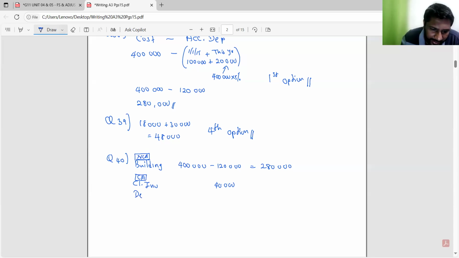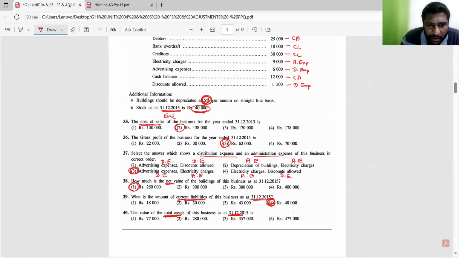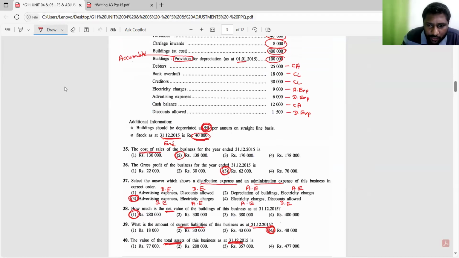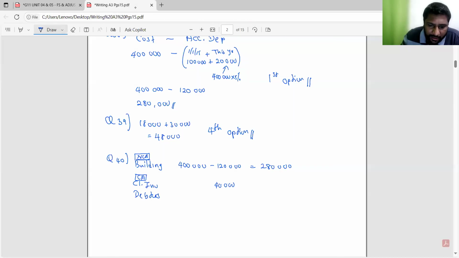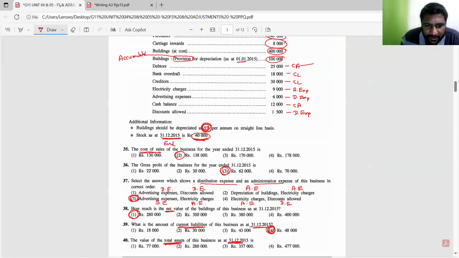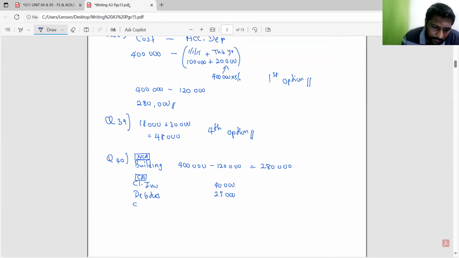Then we have debtors. Debtors, how much? 25,000. And we had some cash. Cash, 12,000.